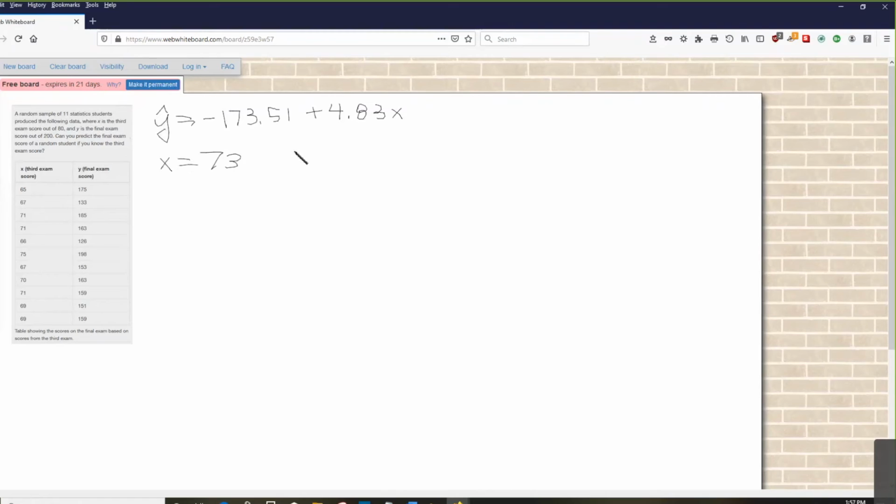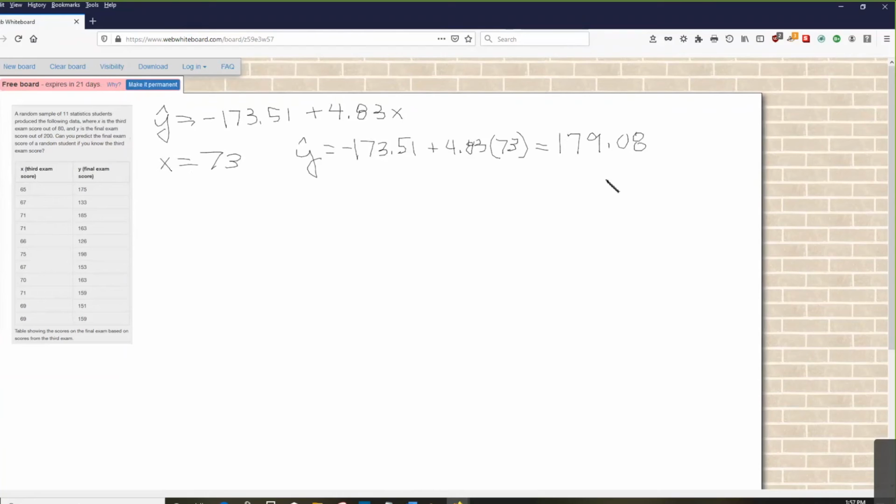So all I'm going to do is take my equation and plug in that 73 instead of X. And that's going to give me a value of 179.08.